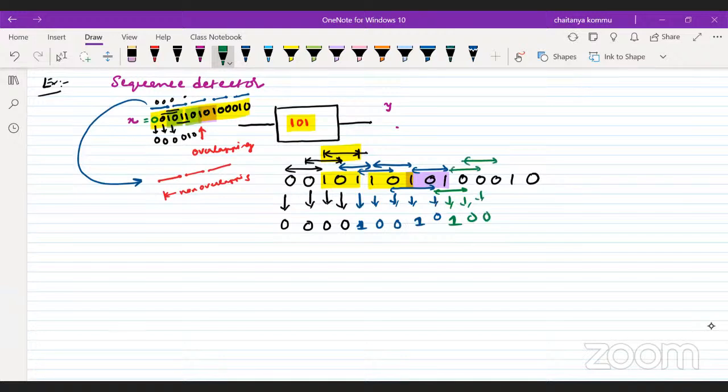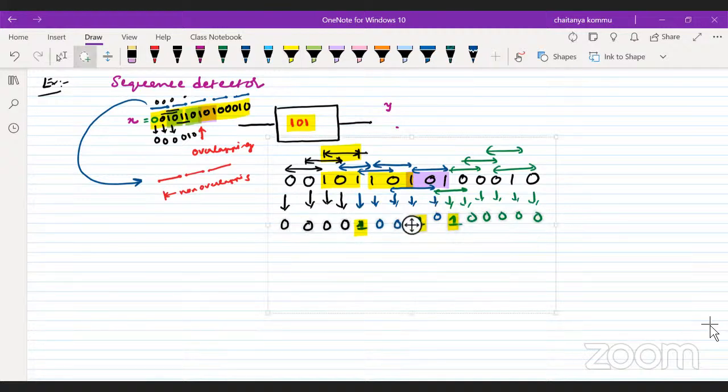These 3 cannot be detected, these 3 cannot be detected, these 3 cannot be detected. So this is what we observed as the output sequence. Therefore, these are the positions where I got the output value as 1. So this is what we write as the output of the overlapping sequence.